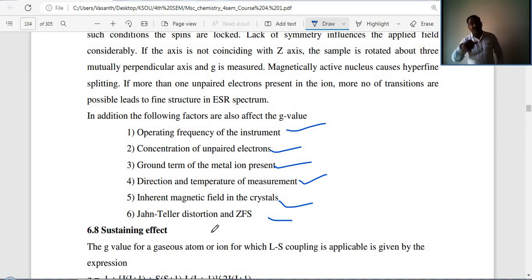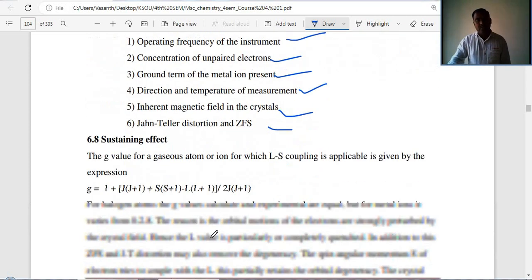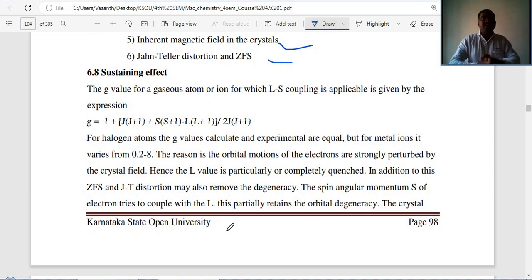These are the other factors affecting the g values.